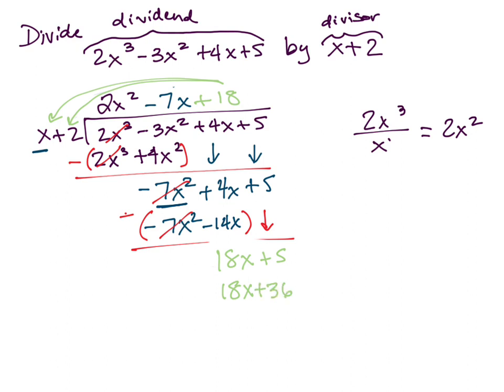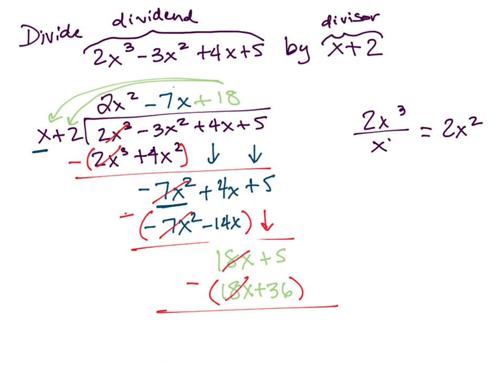Is a positive? But we're going to subtract it. That's what you meant, right? Yeah. We're about to subtract 18x plus 36. I tried to put all of the subtraction in red so you would remember those parentheses. 18x minus 18x. Cancel.